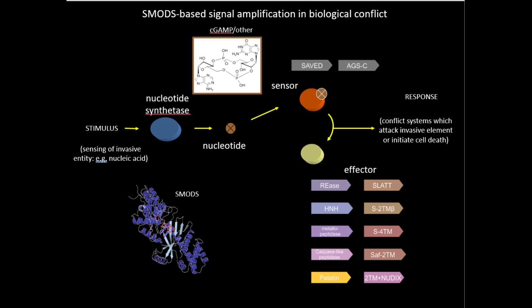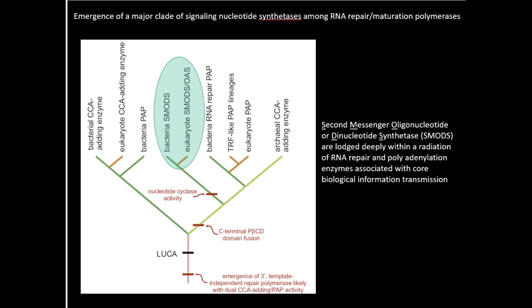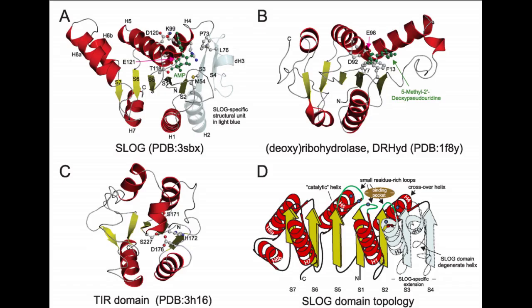And the other thing which came out, an evolutionary observation, was that repeatedly we observed that these signal generating enzymes had connection to enzymes which may be involved in RNA repair, like the Pol beta superfamily nucleotidyltransferases, or in recognition of DNA during conjugation, like the SLOG superfamily.